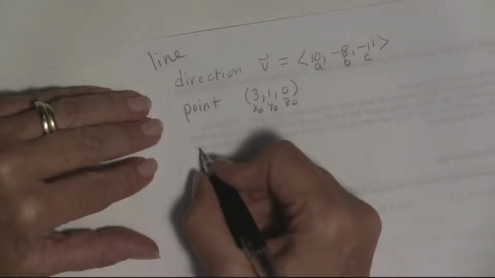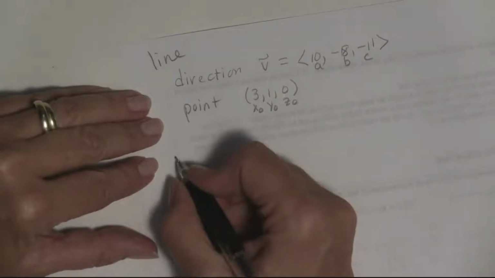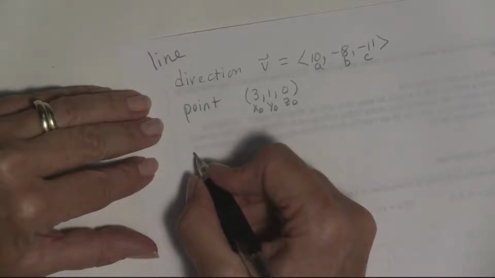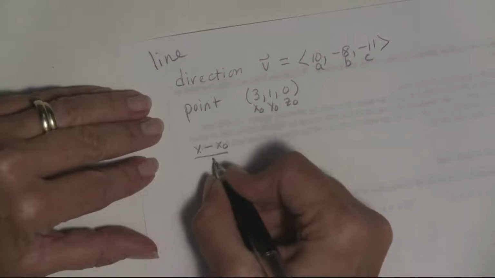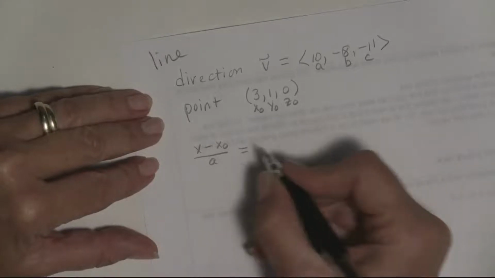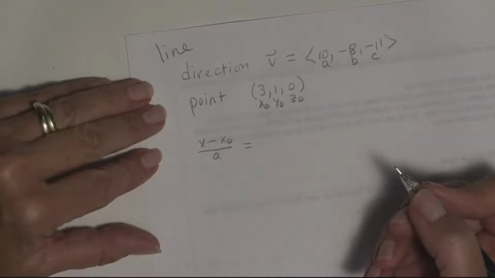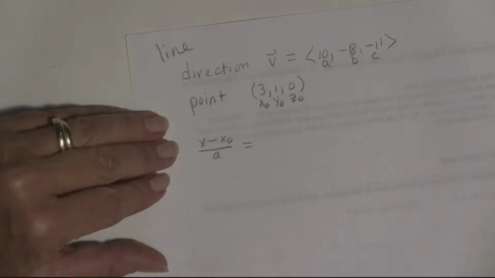And the equation of a line, they didn't say what form, so I'm going to put it in the symmetric form, which is x minus x naught over A, like that. And the same for the y's and the same for the z's.